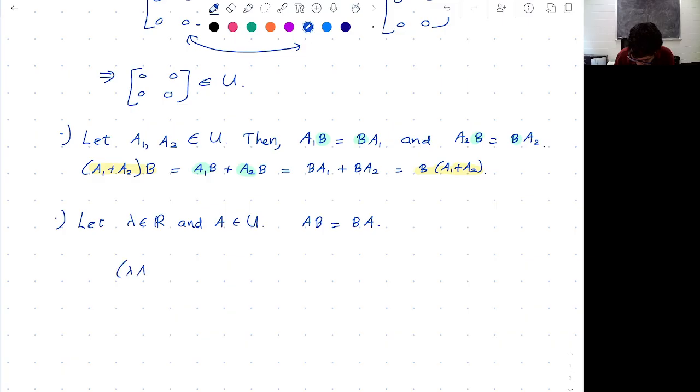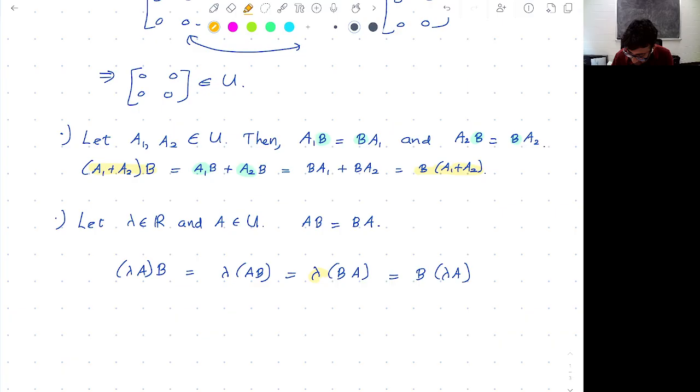Let's see what happens to lambda A times B, which is equal to lambda times AB, and since A belongs to U, AB is equal to BA. So I have lambda BA, which is equal to B times lambda A, because lambda is a scalar, so I can write this scalar with either of these two matrices.